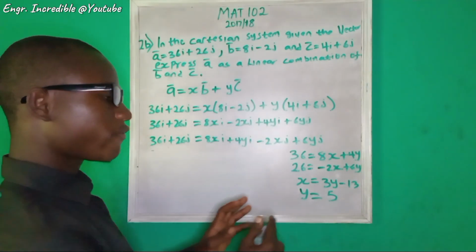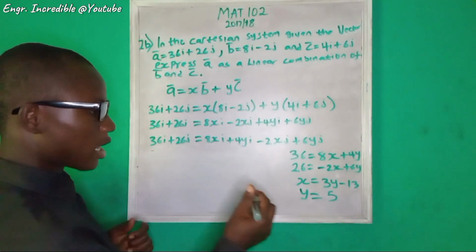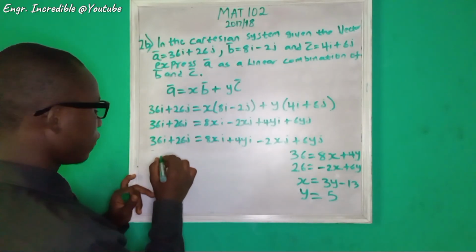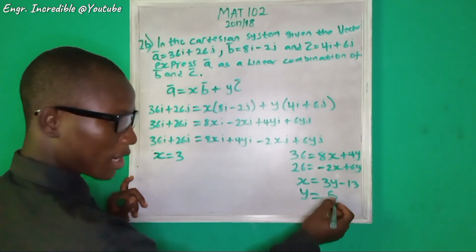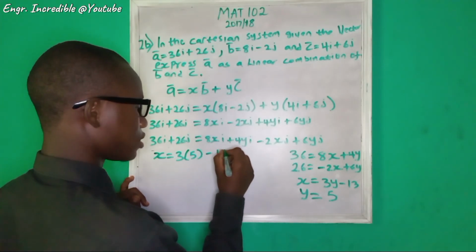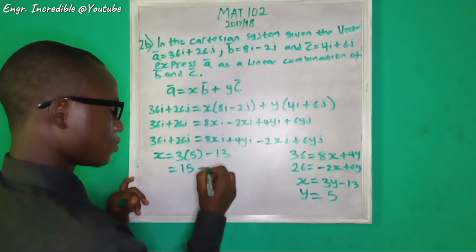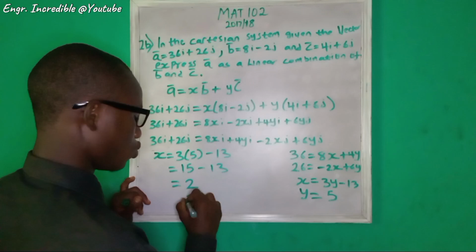So now let us find our x. Using this third equation that is here, we have our x as 3y minus 13, but our y equals 5. So therefore we have x equals 3 times, open our bracket of 5, then minus 13. So we have 3 times 5, 15, minus 13. Therefore x equals 2.